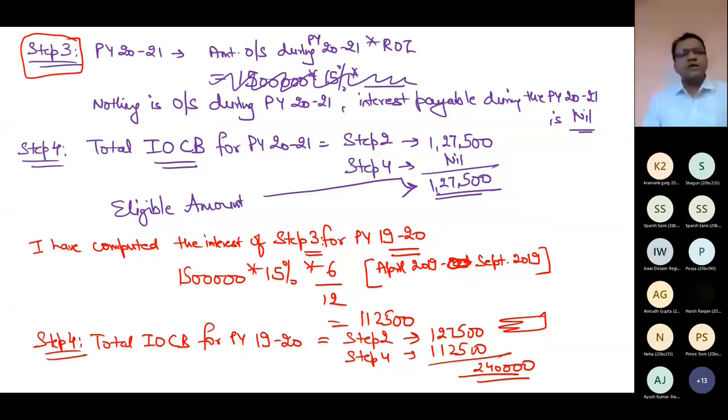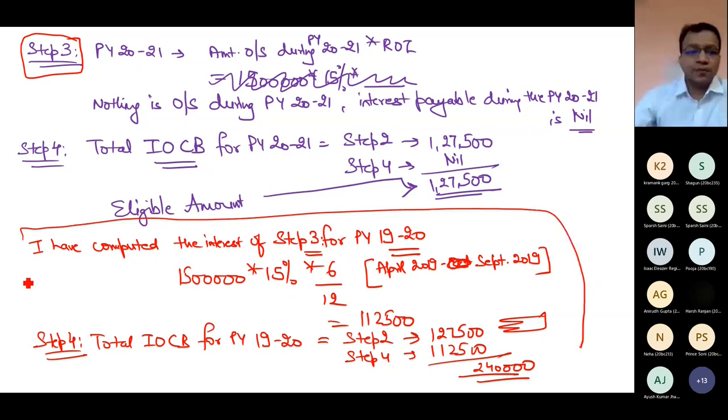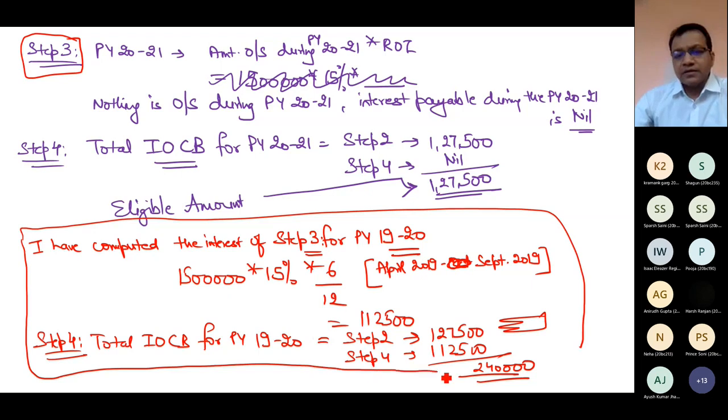If I am concerned about 2021, I will talk about only 2021, that's it. Point clear or not? Yes, sir, got it. This calculation has been done but I don't need it here, that is why I am not showing it, but you must know that it must have been done for the previous year 1920 like this.